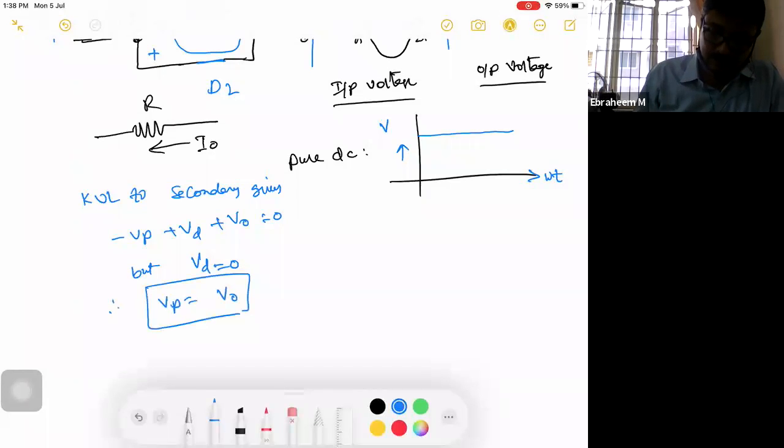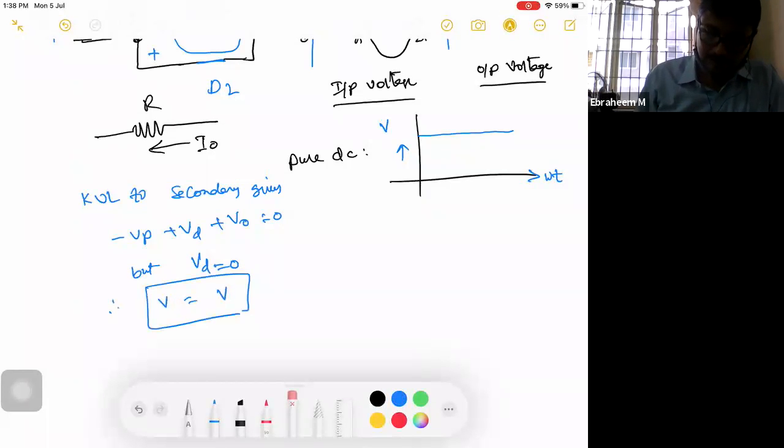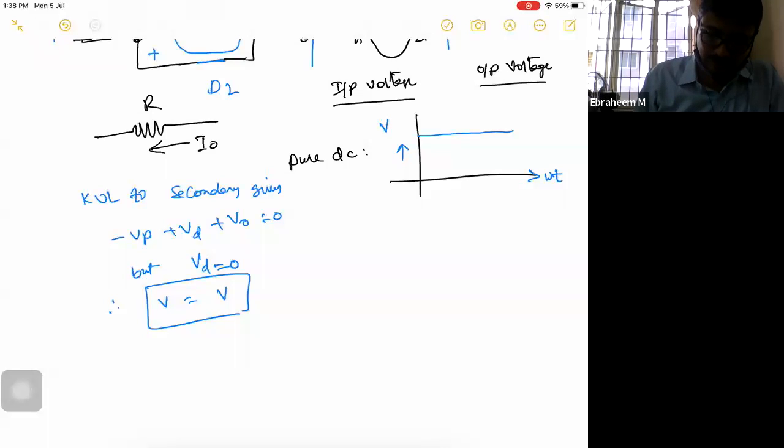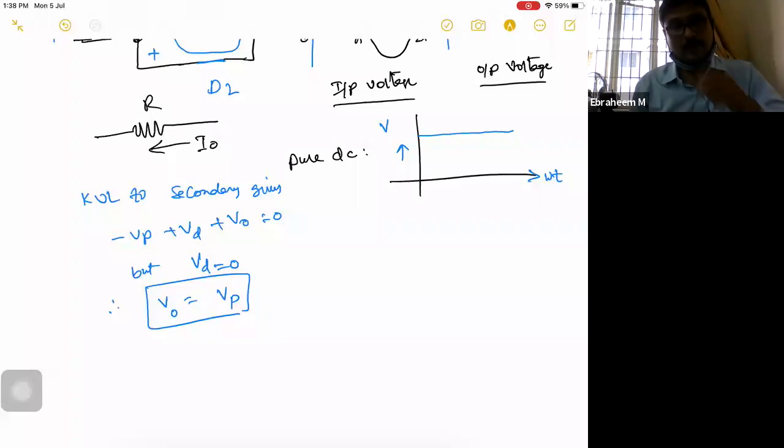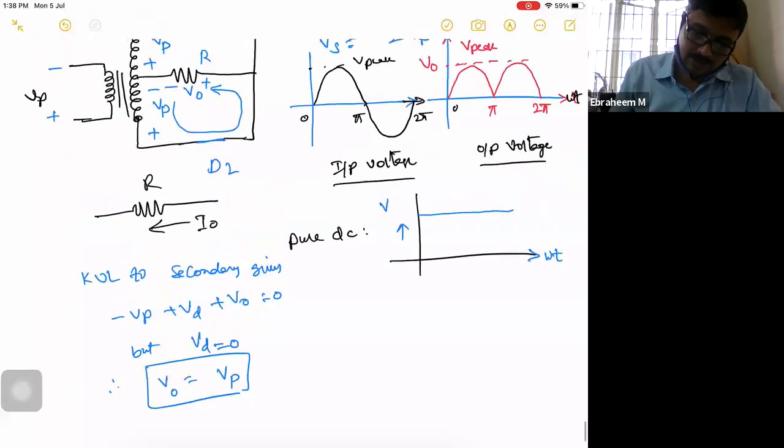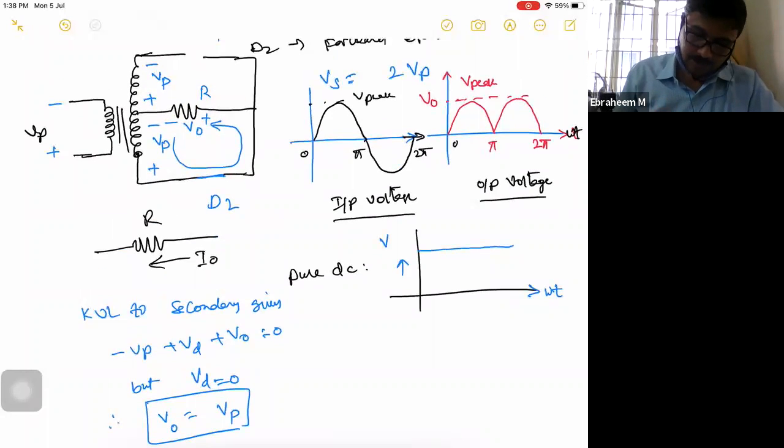So the output voltage follows the input supply voltage even in the negative half cycle. This is the positive half cycle, and this is the negative half cycle.